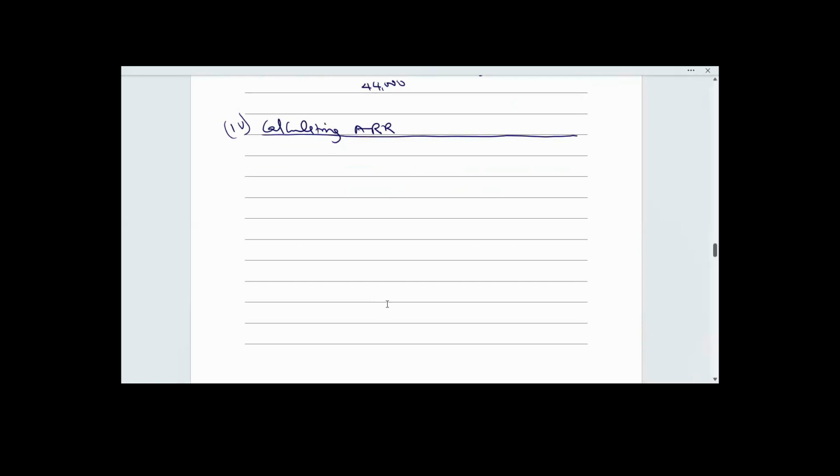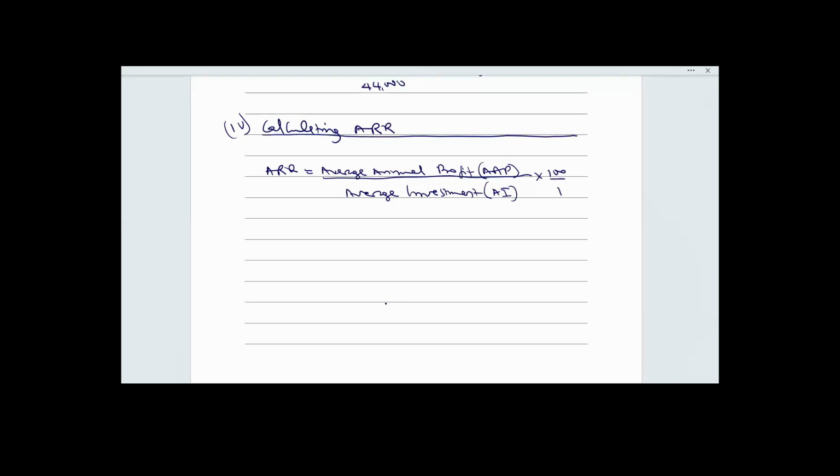Therefore, how do you then calculate the accounting rate of return? The accounting rate of return is calculated as average annual profits, AAP, divided by average investments, AI, multiplied by 100 over 1.